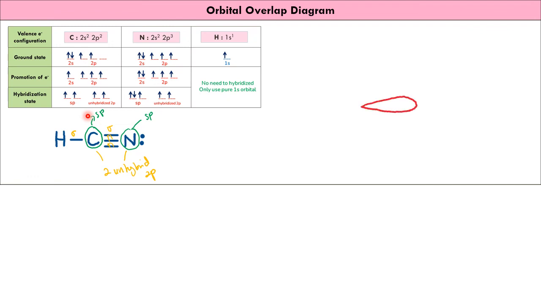Okay, so for carbon, the first loop, okay, labelkan sp dan sp. So each loop will have one single electron. Kemudian carbon akan ada dua unhybridized 2p orbital. So lukis dua dengan orientation yang berbeza. So 2py labelkan, kemudian 2pz dekat sini labelkan.